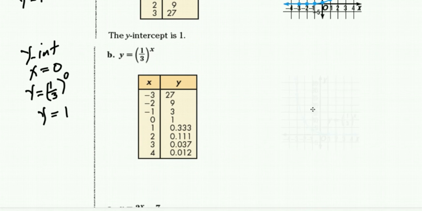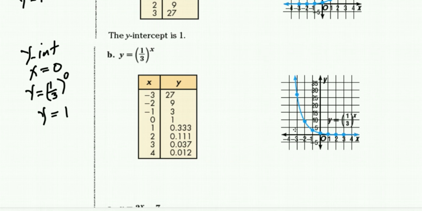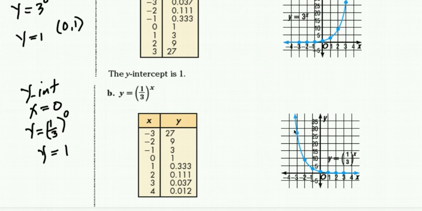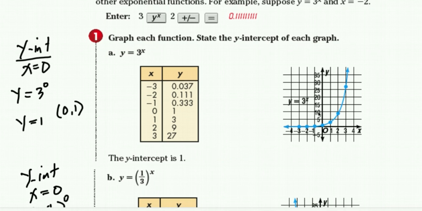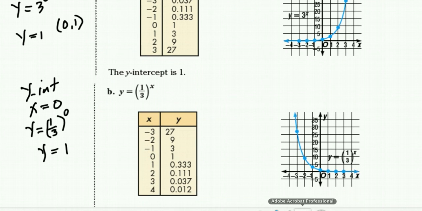And again, look what happens to the graph of our exponential function. Here, your base is a whole number, an integer, in the case of 3, and the graph slopes this way. In letter B, your base is a fraction, less than 1.